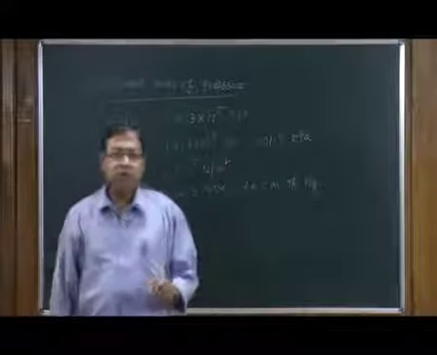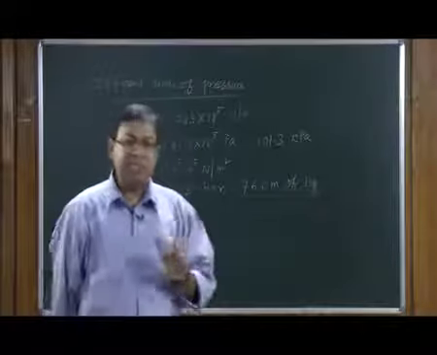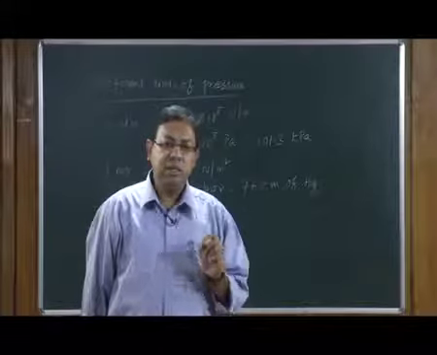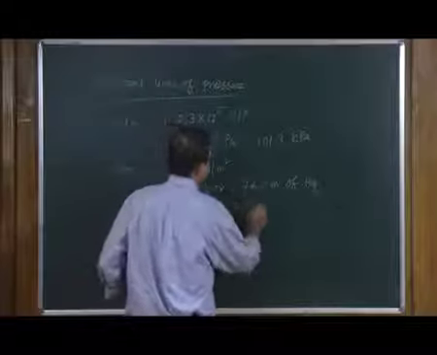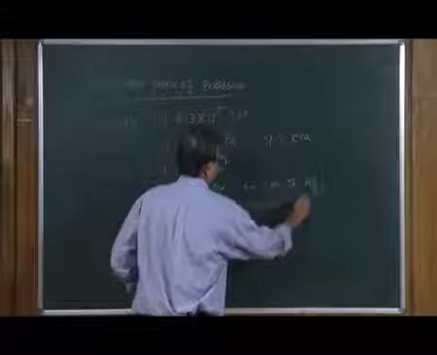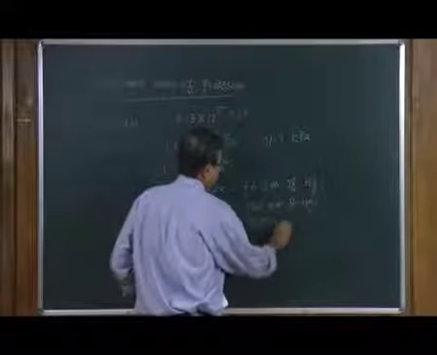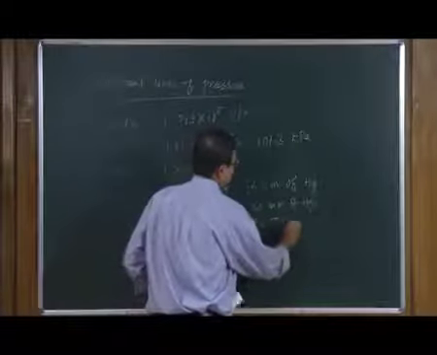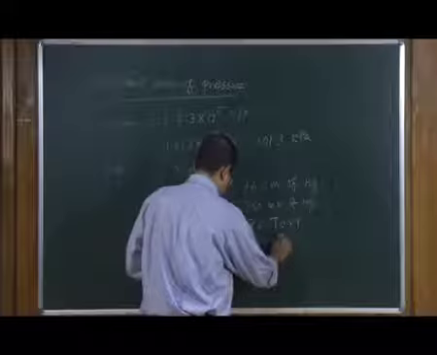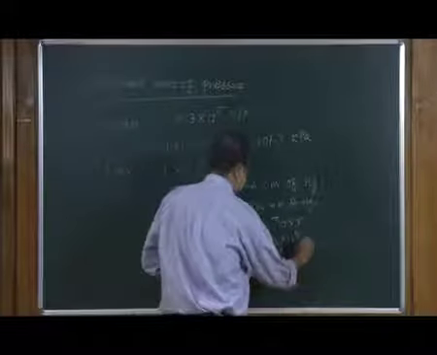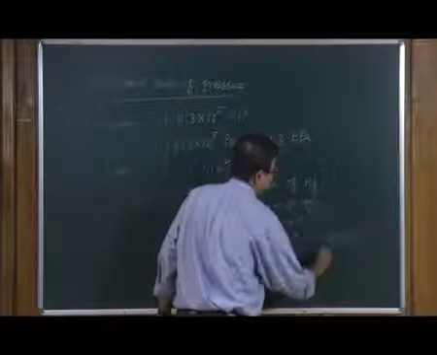The atmospheric pressure is the same as the pressure exerted by a 76 centimeter high column of mercury, which is of course equal to 760 millimeter of mercury, and by the definition we have talked about, equal to 760 torr, which is equal to 1.03 into 10 to the power 4 millimeter of water at 4 degrees centigrade.